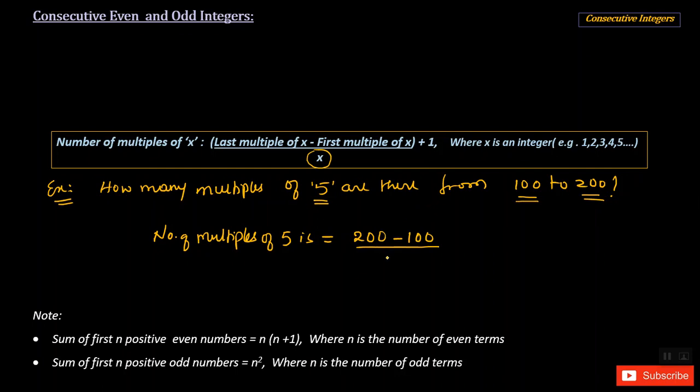So divide by 5 plus 1, right? 200 minus 100 is 100, divided by 5 plus 1. So what we get here? 100 by 5, it's going to be 20. 20 plus 1. So the result here is 21. So there are 21 multiples of 5 from 100 to 200.